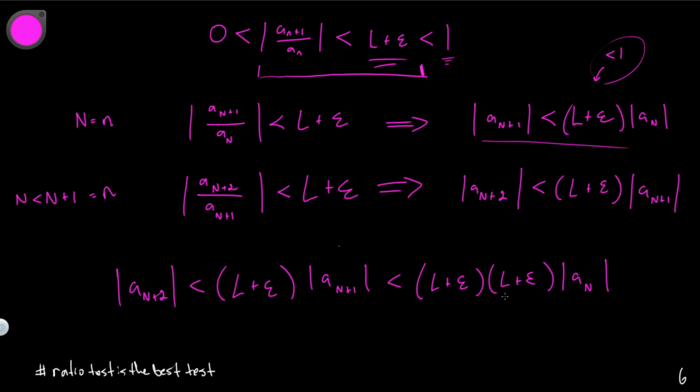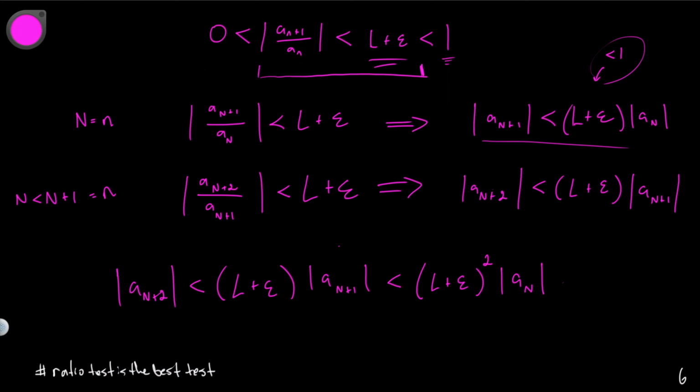All right, and I'm about to erase one of these L plus epsilons, because it's just L plus epsilon squared. Sorry, this is taking a second. Boom. L plus epsilon squared times A sub n.